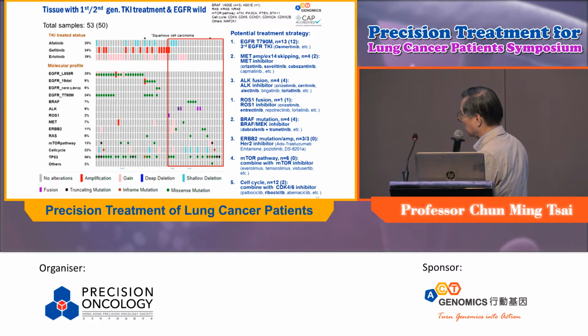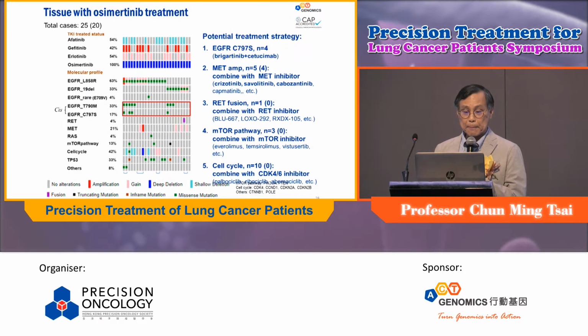And we have 3 patients with ERB mutation and amplification. These patients received chemotherapy, and mTOR pathway also chemotherapy. So this kind of result is helpful for guiding our patient treatment.